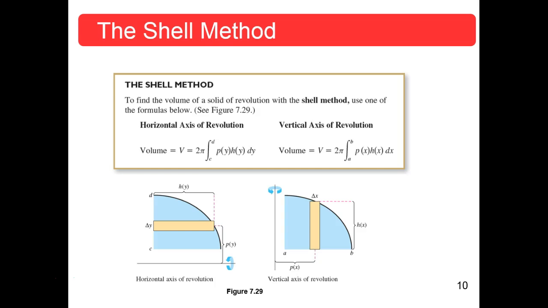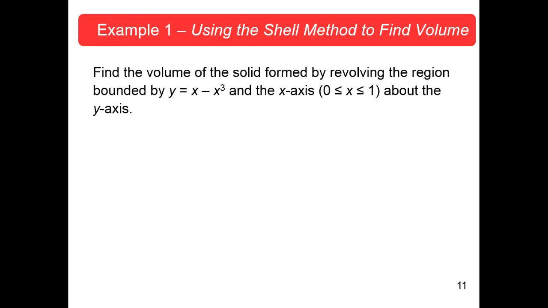So you just get your height and your radius as a function of whichever variable you need it to be. That sometimes is the hardest part of the problem. The formula is pretty easy. 2 pi r h dx, okay, or dy, whatever.